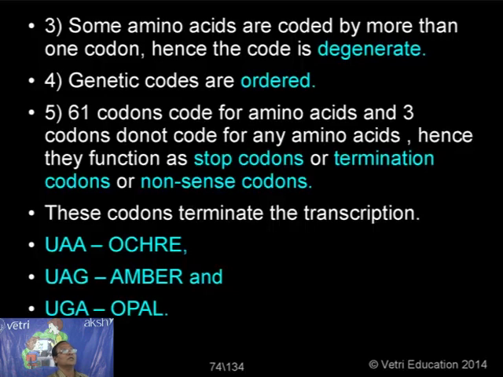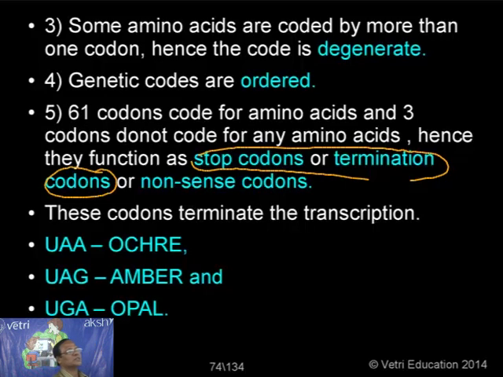But they do have one function: they stop or terminate the process of translation, hence they are called stop codons. As they do not specify an amino acid, they are called nonsense codons.